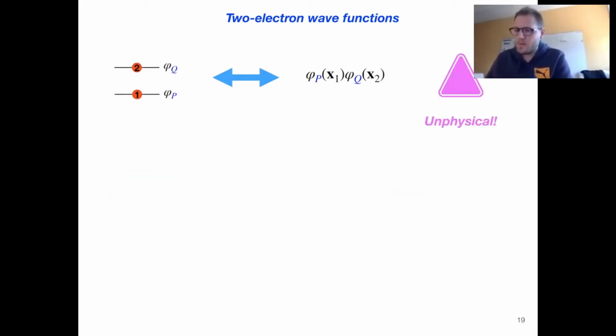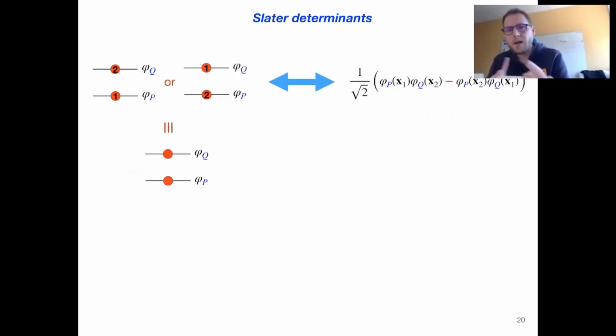So what's the problem? The problem is that I distinguished electron 1 from electron 2. And of course, there's no reason to do that because experimentally I cannot do that, okay? So when I construct the many-body wave function, I should be able to take into account the fact that what I call electron 1 could also be electron 2.